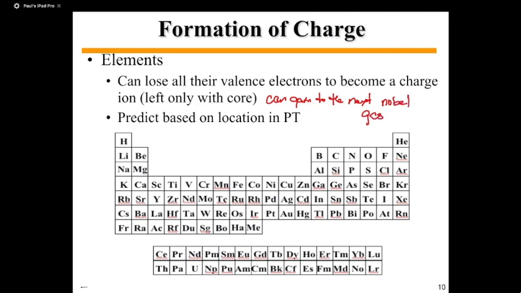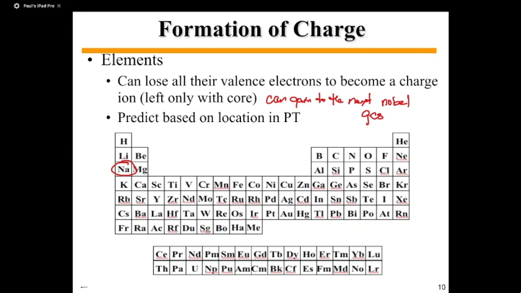If I take a look at sodium, how many electrons does sodium have? There are 11 total, 10 are core, 1 is valence. Now, the last column, number 18, are called what kind of gases? Noble gases.